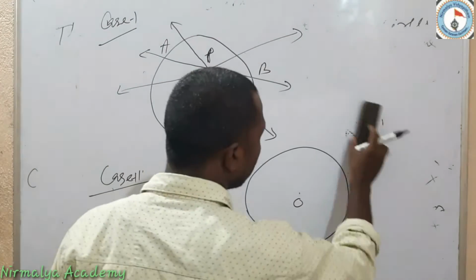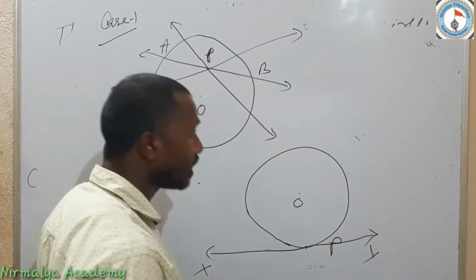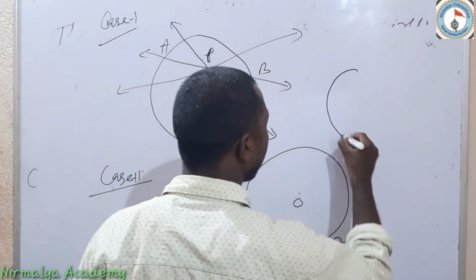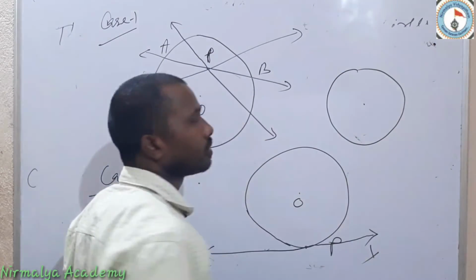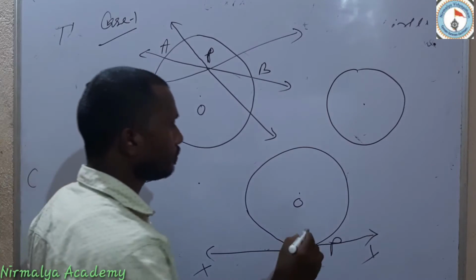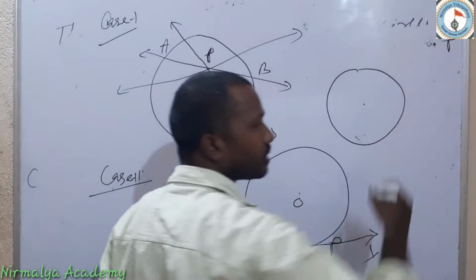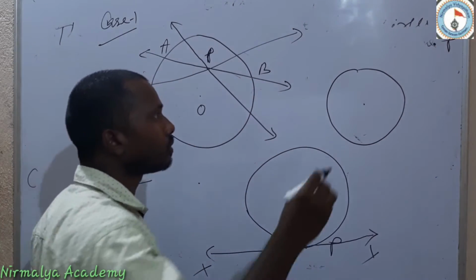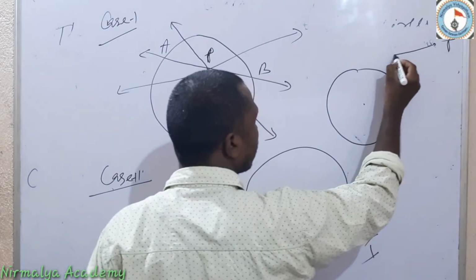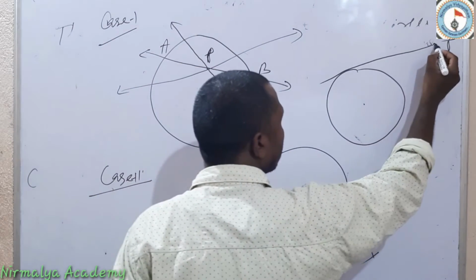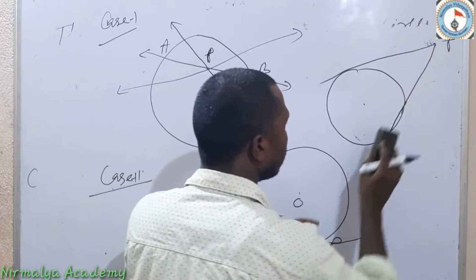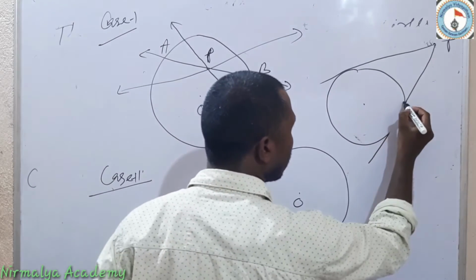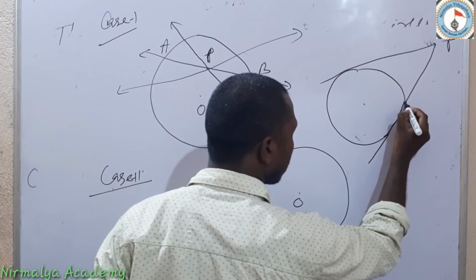Next, when the point lies outside the circle, in this case, we can draw two tangents. Only two tangents can be drawn through a point lying outside the circle.